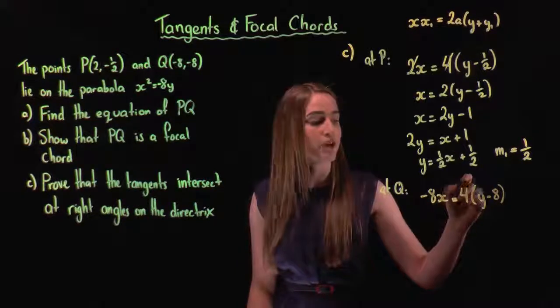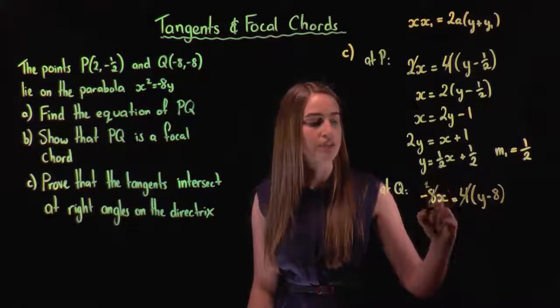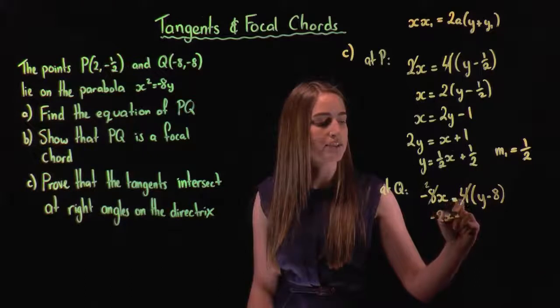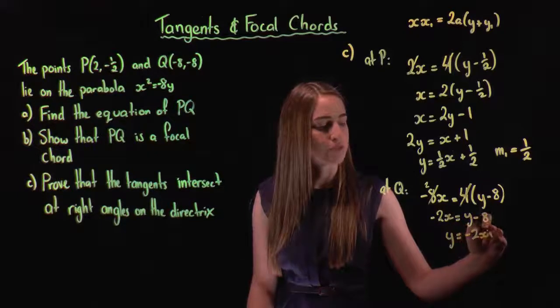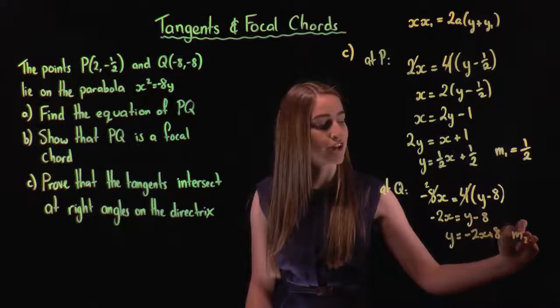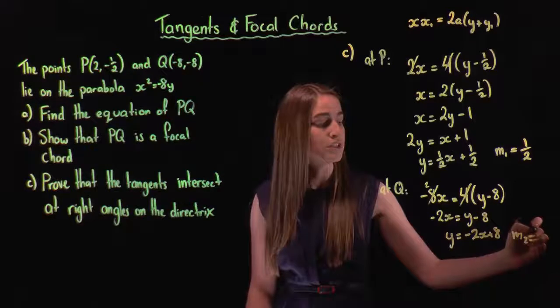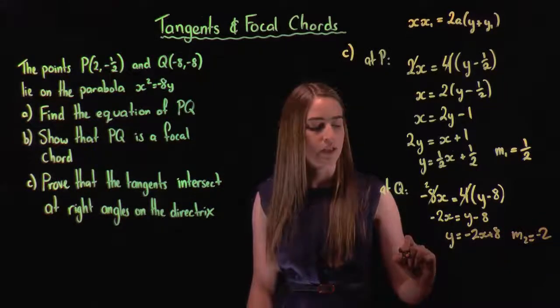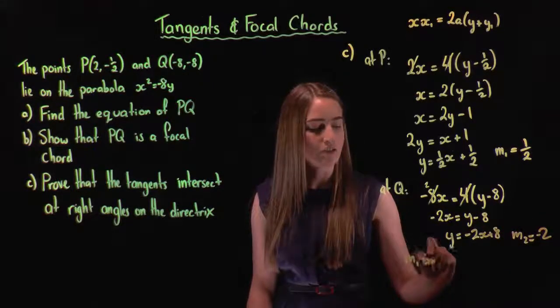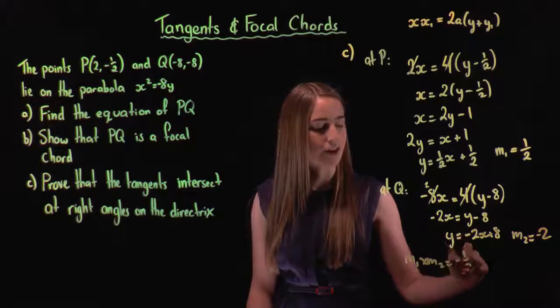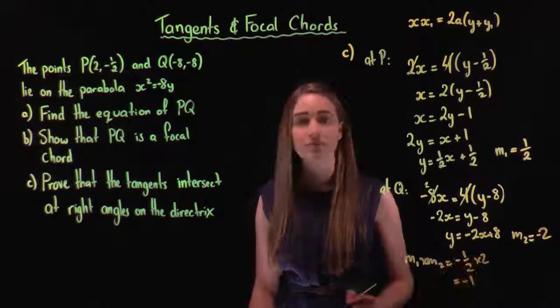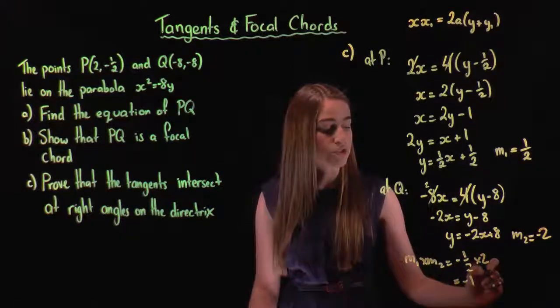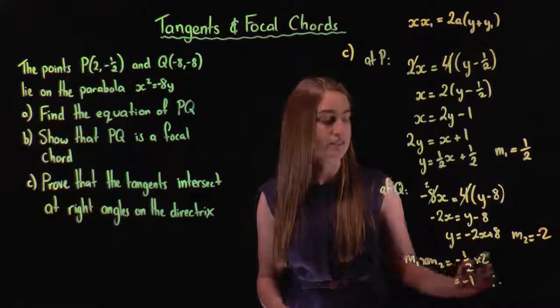I'm going to divide everything by 4, and that gives me -2x = y - 8. So y = -2x + 8, which means the gradient of the tangent at Q is -2. Now m1 times m2 is 1/2 times -2, which gives us -1. Therefore, those two tangents are perpendicular.